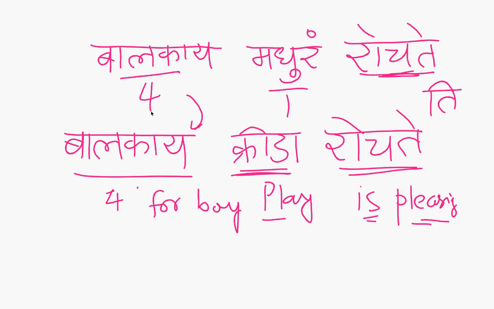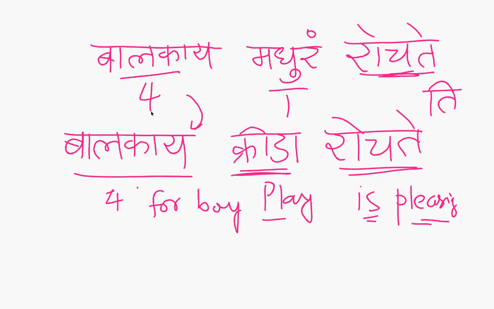No, this is not passive voice. It is active voice only. Rochate is active voice, and note that rochate is akarmaka. This is not karma. It is pleasing somebody, pleasing for somebody.